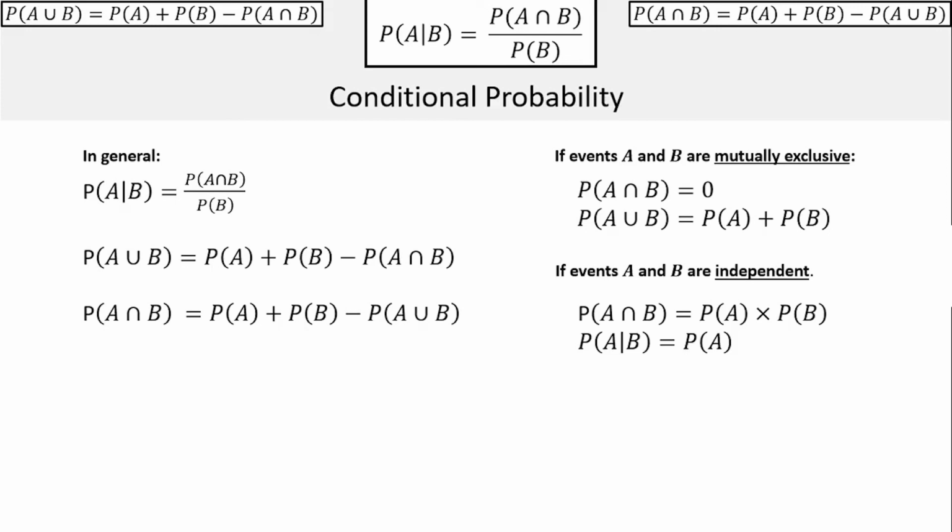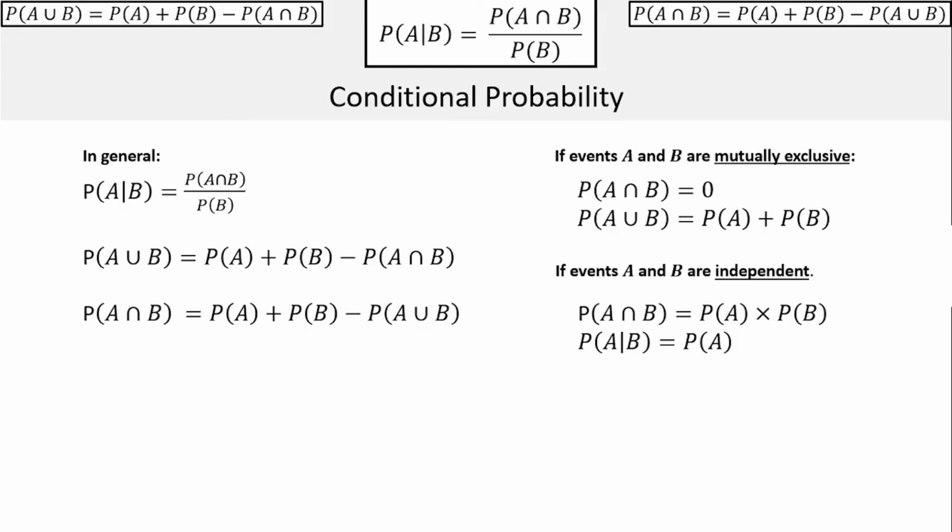And for our independent events, we do know the intersection of 2 events is going to be the probability of one event multiplied by the probability of the other. And similarly, the probability of A given B is going to be the same as the probability of A. Since they're independent, it doesn't matter that B happened first, the probability of A is constant.